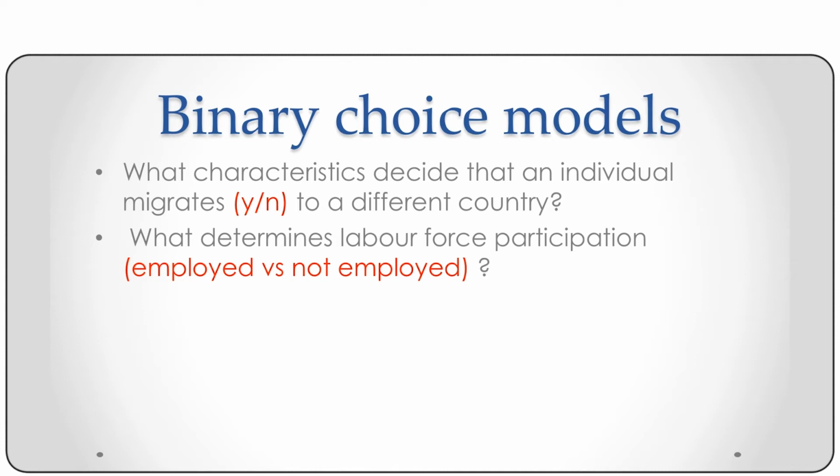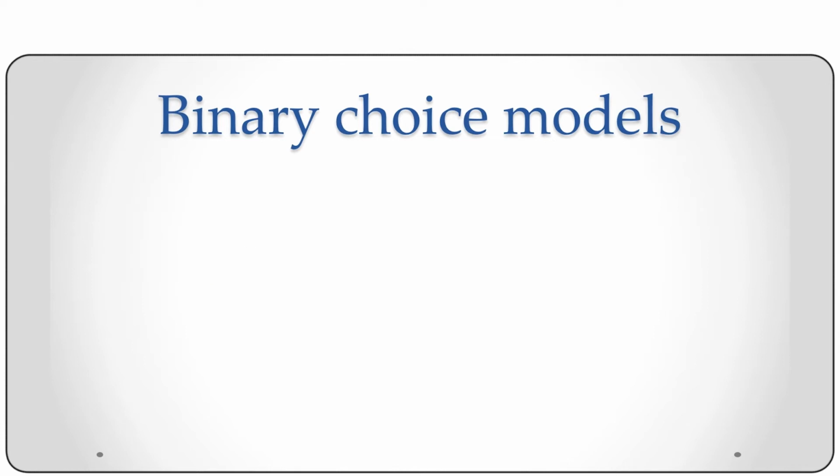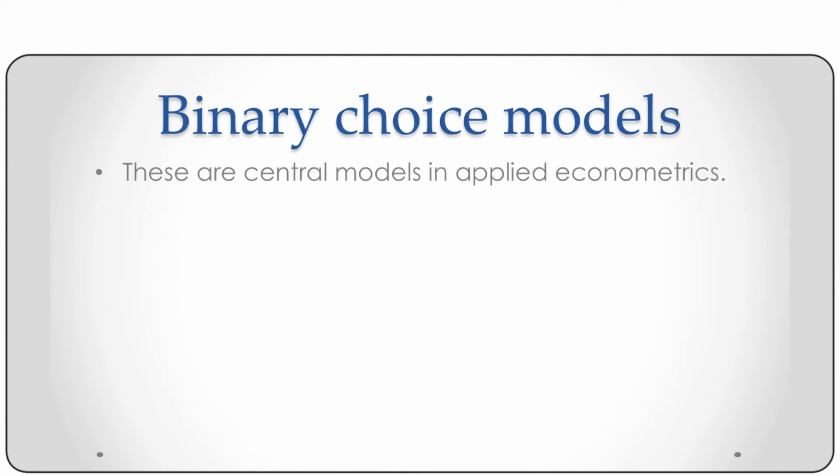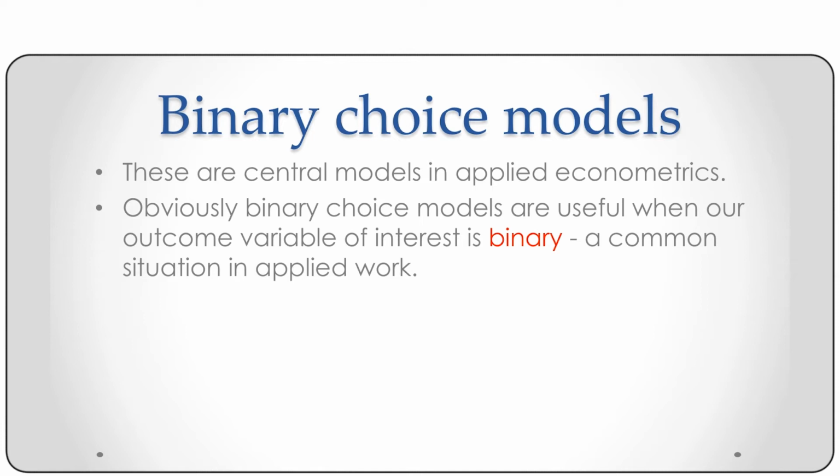So what kind of events might we be interested in? If we, to begin with, consider econometric problems, which is historically the field from which the concept of binary choice has arisen, a very common model is the question of determining whether or not an individual migrates to a different country.